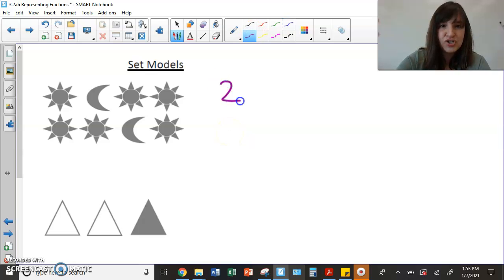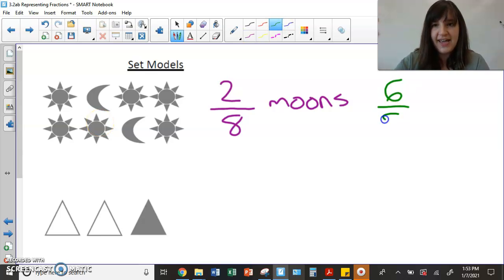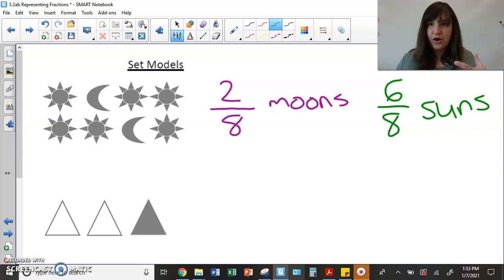So I could say 2 out of 8. 2 is my numerator because that's how many moons there are, and there are 8 total. 2/8 are moons. But then there are 6 suns, so I could also say that 6/8 are suns. So depending on what you are counting, that's your numerator. That's the piece you're looking at. So 2/8 are moons and 6/8 are suns.